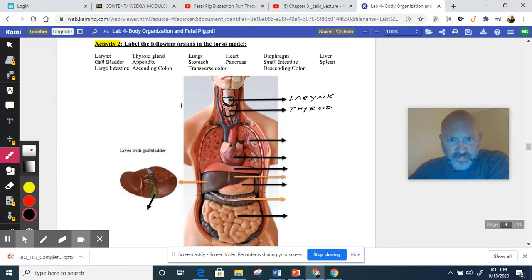As we go down further, we have the heart here, surrounded by lungs. This is the left lung. This sheet of muscle here is what separates the thoracic cavity from the abdominal cavity. This is the diaphragm.